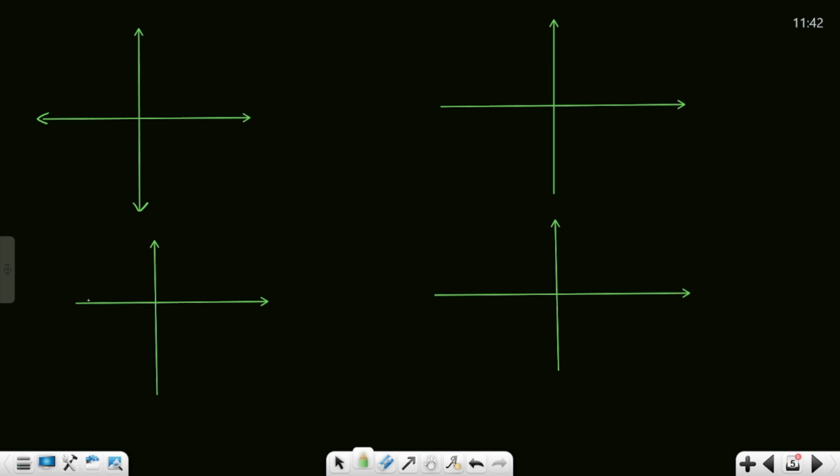These are the 4 Argand planes consisting of a real axis and an imaginary axis.